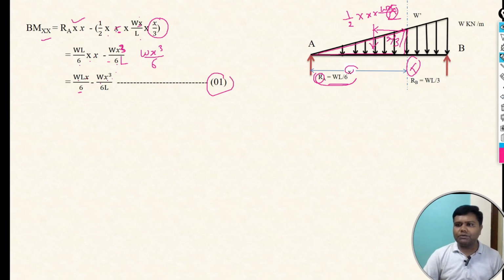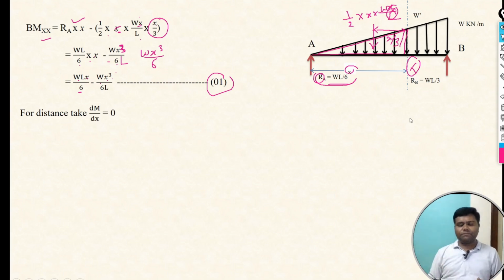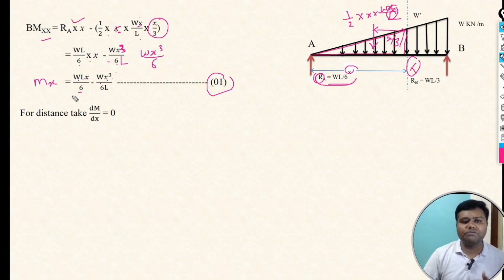Once you calculate the first equation, the next step is what? Just to find the distance. To calculate the distance of that particular x, we have to differentiate that equation, because here we got the bending moment equation, WLx by 6 minus wx cube by 6L. To calculate the exact value of x, we have to differentiate the above equation with respect to x.